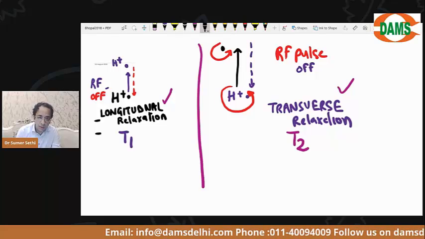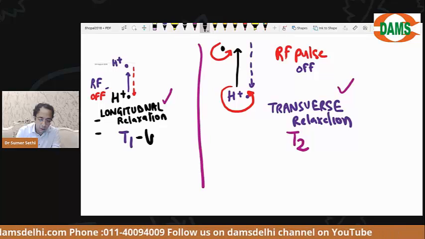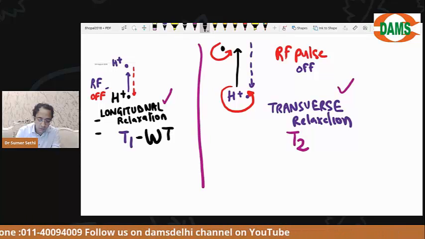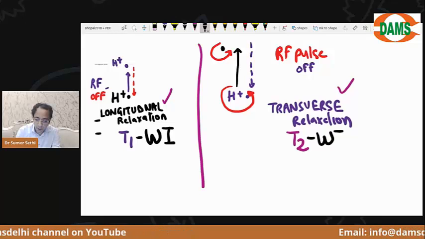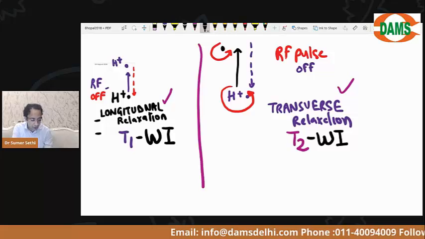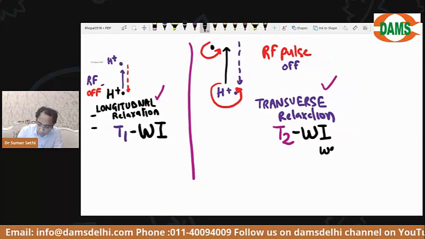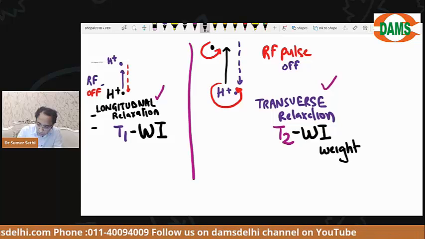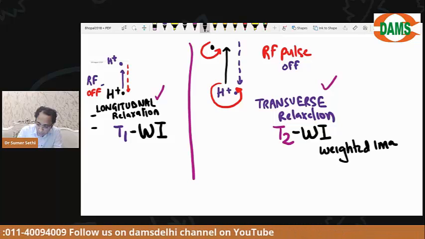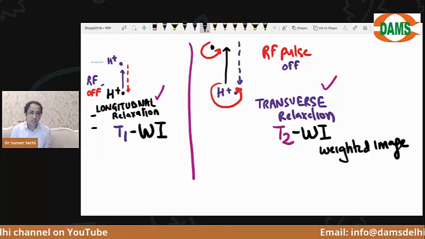MRI images which are based on T1 relaxation time are called T1 weighted images. MRI images which are dependent on T2 relaxation time are called T2 weighted images. I'm writing the spelling also, don't worry.